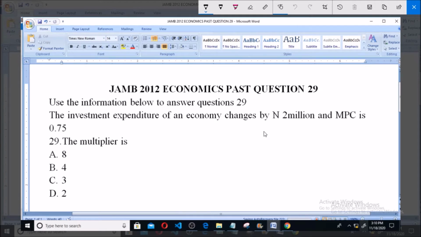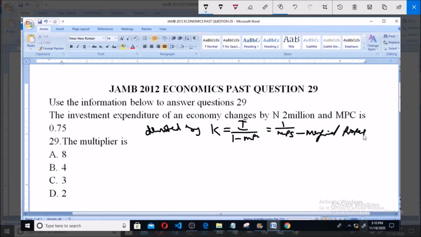So if you're looking at the multiplier, it is denoted by K, which is equal to the change in investment over 1 minus MPC, which is equal to 1 over MPS, and our MPS is called marginal propensity to save.